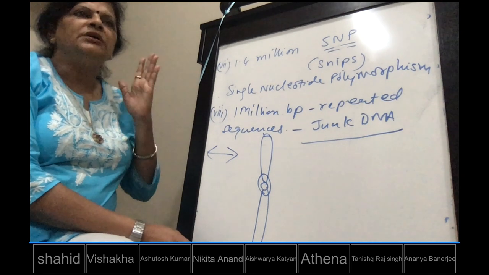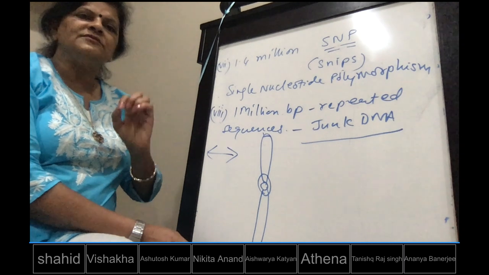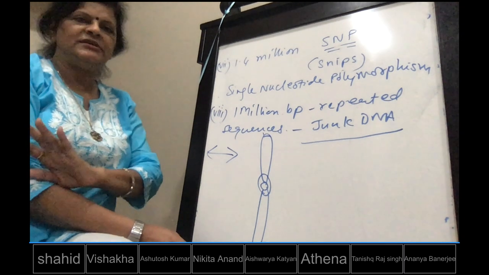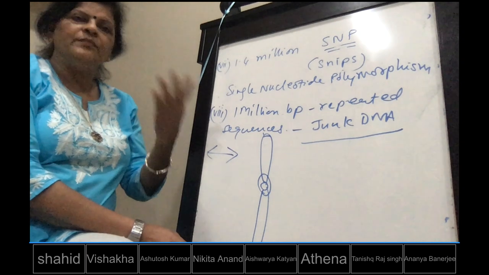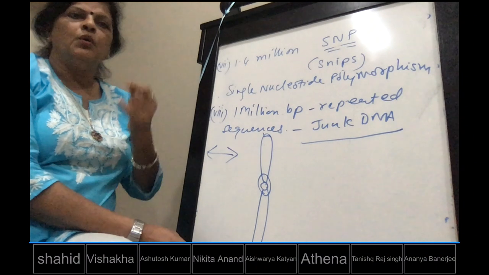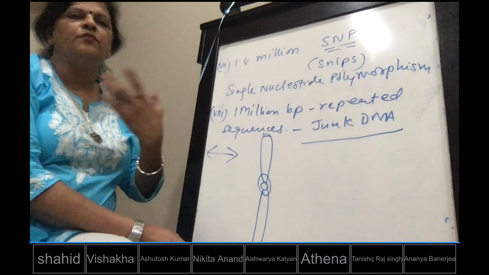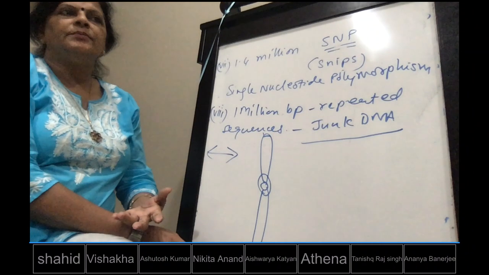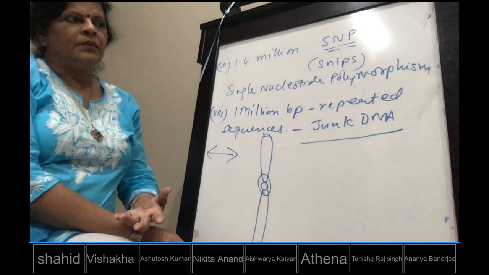How many genes? 30,000 genes. How many base pairs? 3.1647 billion base pairs. How much is same from one human to another? It is 99.9%. Only 0.1% is different from one human to another, which is about 304 million base pairs.